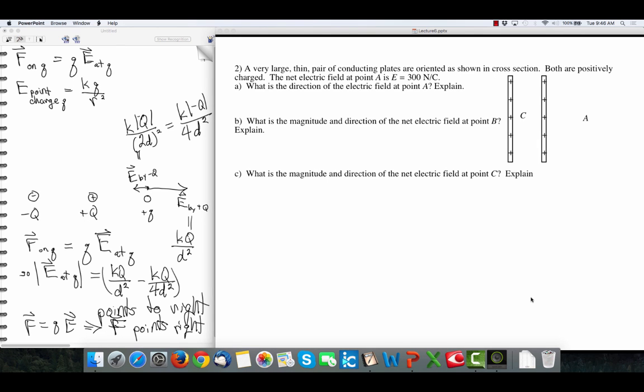Okay. Part 2, same quiz. Very large, thin pair of conducting plates are oriented as shown in cross-section. The plates are large like this. They stick out big this way and really big that way.